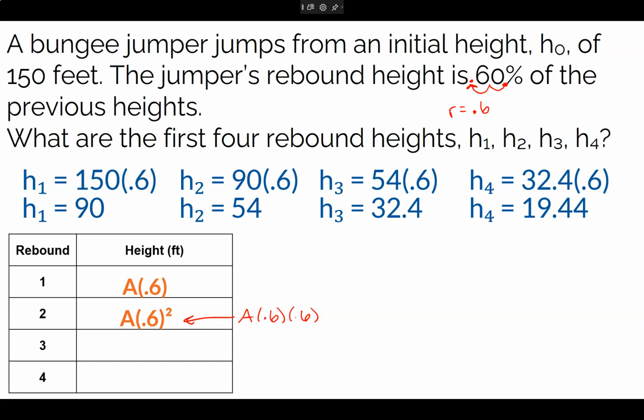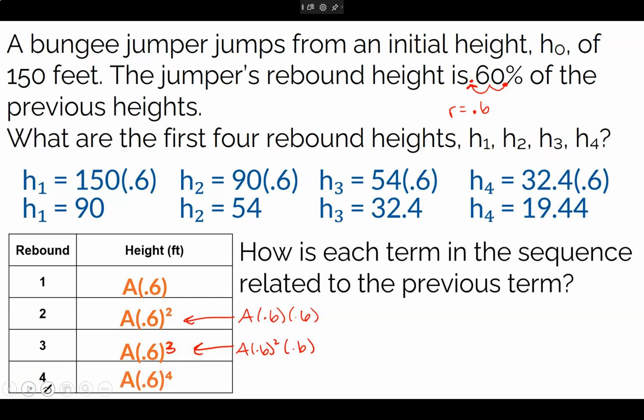So what did I do to get to my third height? Yes, 0.6 cubed, because I took my previous term and multiplied it by 0.6 again, giving our initial height times 0.6 cubed. Each time you move forward, you multiply by another 0.6. So each time, our exponent is increasing, because that's how many bounces happen. That's how many times I've multiplied by my percentage.